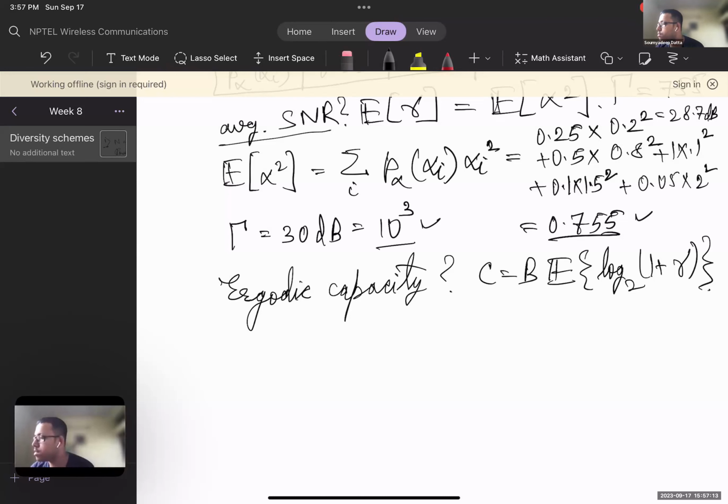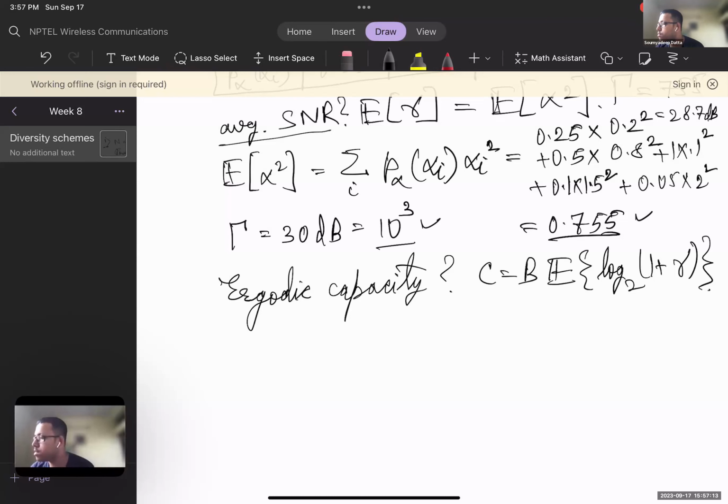Does this make sense? Because your gamma, the instantaneous SNR, is alpha squared times this capital gamma. And so you have to take the expectation of this whole quantity, log of 1 plus gamma. So you will multiply it, basic probability statistics, right? You know this formula, right? That expectation of f of x is the summation over probability of xi times f of xi, over all i.